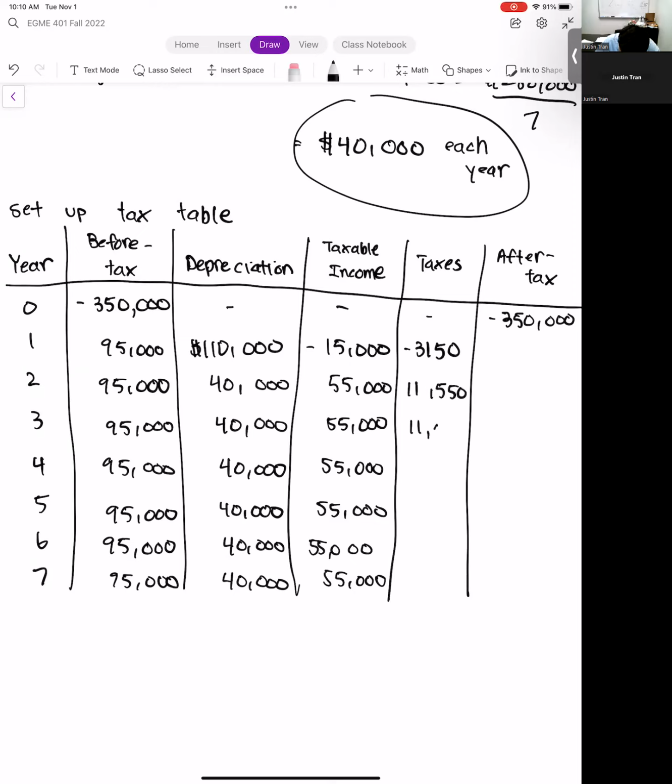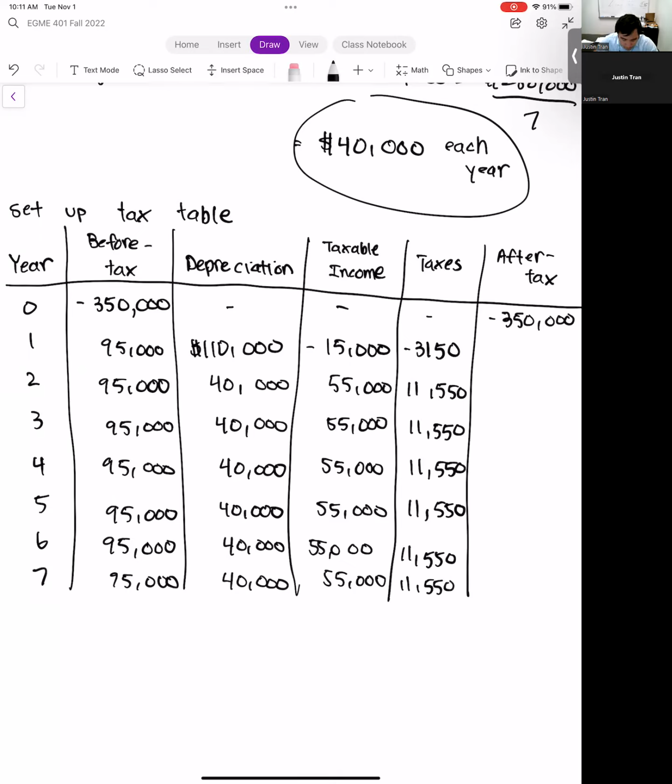Well, I said I was going to do the whole thing, but because it's pretty nice, we can go ahead and do the whole thing. To compute the after-tax cash flow, you're going to take the before-tax cash flow and subtract the taxes.